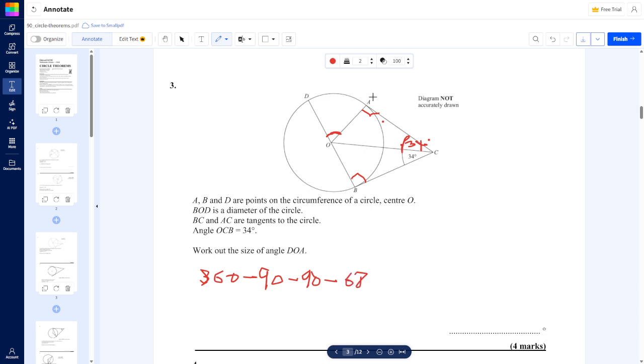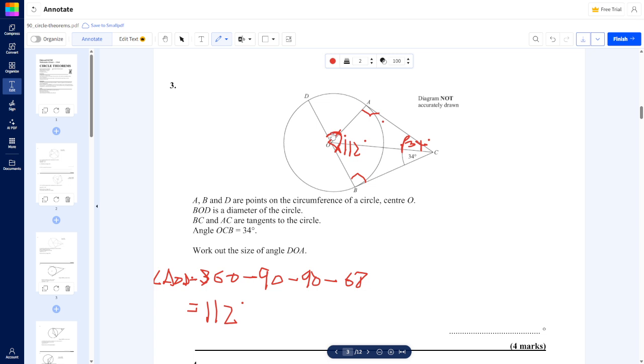So that's going to be angle AOB. And if you put that all in, that would be 112 degrees. So this would be 112 degrees, this part only.